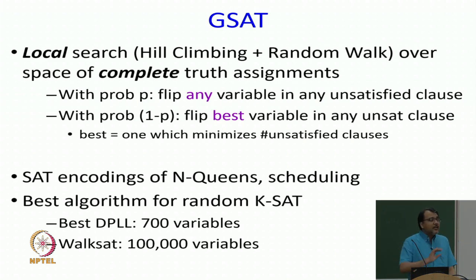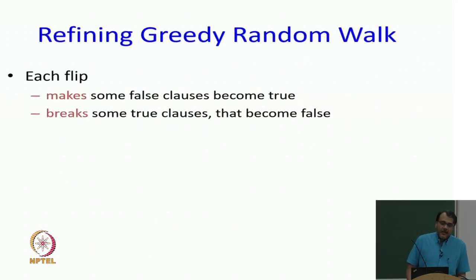Now, we will also talk very briefly about the WalkSAT algorithm. It's a nice algorithm. It comes from the observation that, let's say we define this notion of makes, that I made a flip.